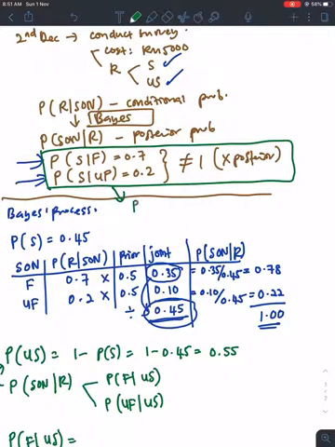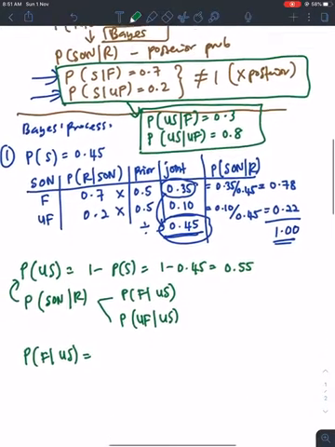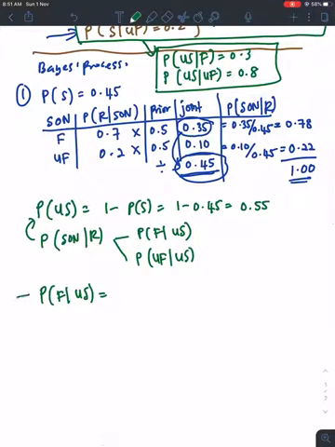So, kita akan dapat P unsuccess given favorable 0.3. And second, P unsuccess given unfavorable is 0.8. Okay. So, you dah dapat value ni. Masukkan dalam equation. So, kita cari probability favorable given unsuccess equal to.